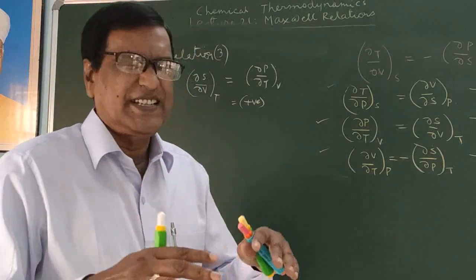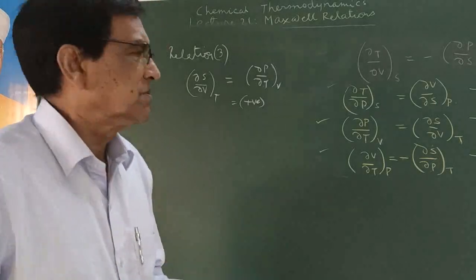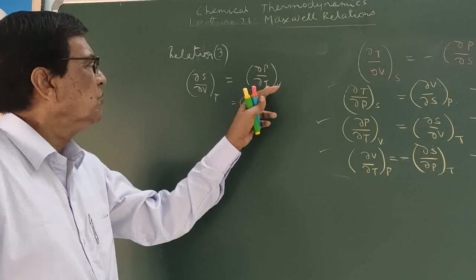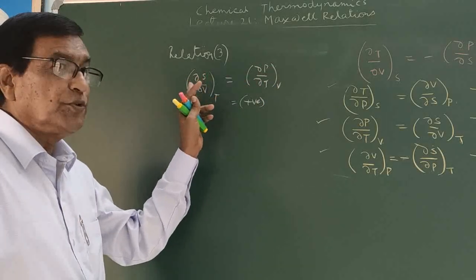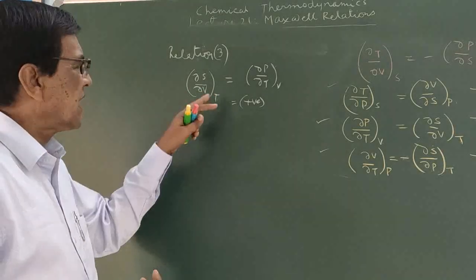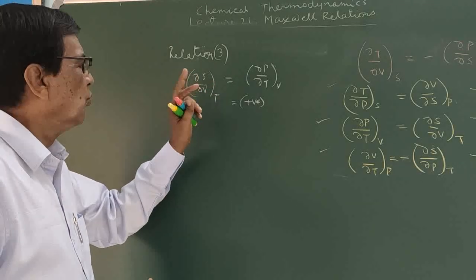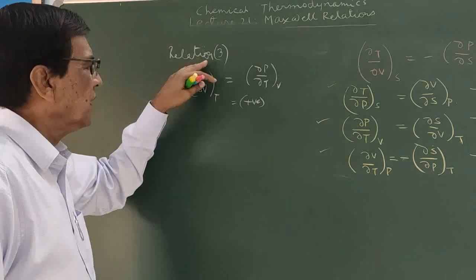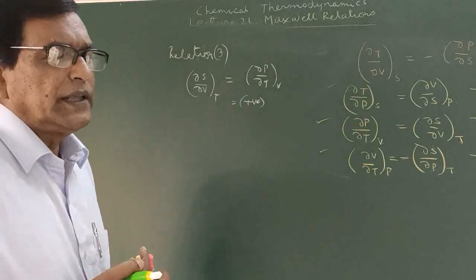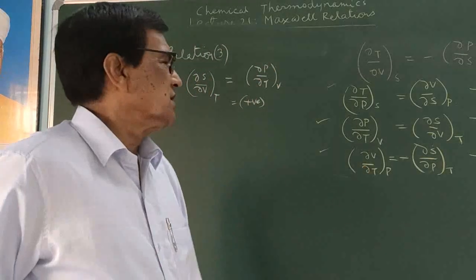For a gaseous system, if you find an equation of state, then from this equation of state you can also calculate this one, and this calculation will give you the variation of entropy with volume at a constant temperature. It means the isothermal variation of entropy with volume could be obtained by putting a suitable equation of state and calculating this for that gas.